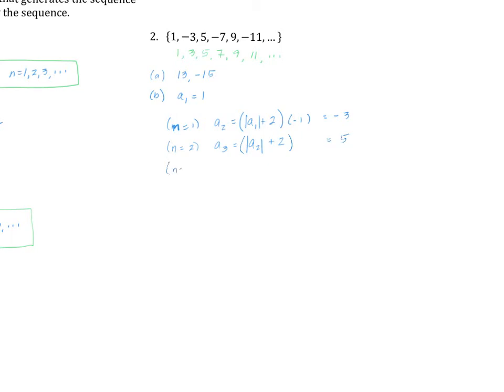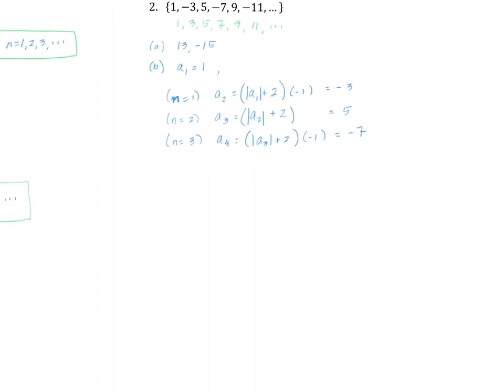If I take the absolute value of a sub 2 plus 2, that gives me a positive 5. When n is equal to 3, a sub 4, the absolute value of a sub 3 plus 2, that's going to give me my 7, but I need it to be a negative 7. So I'm going to multiply by a negative 1. But this is a formula.